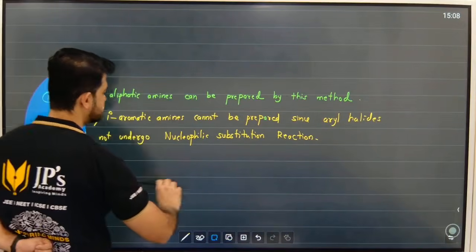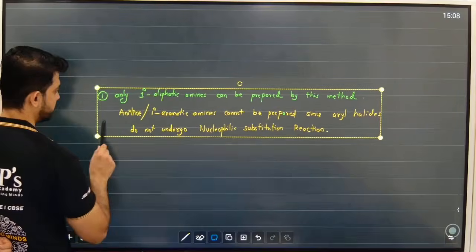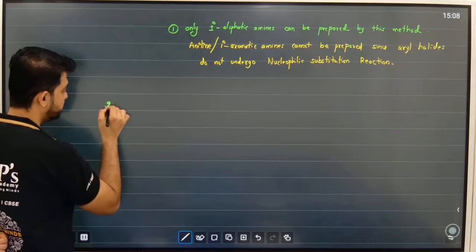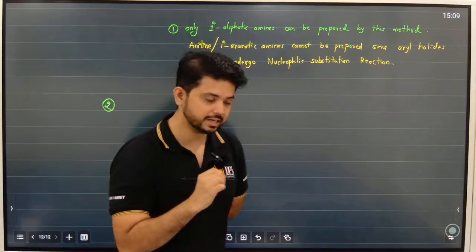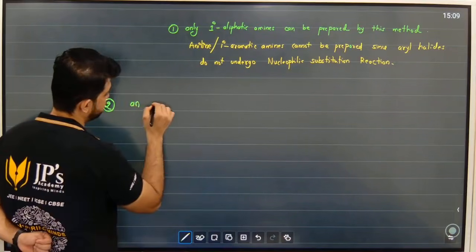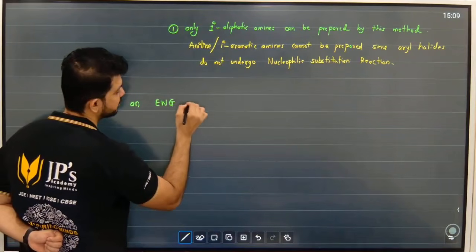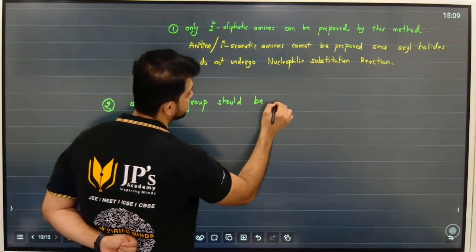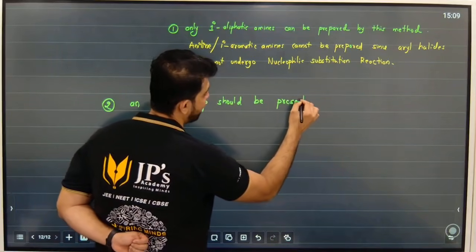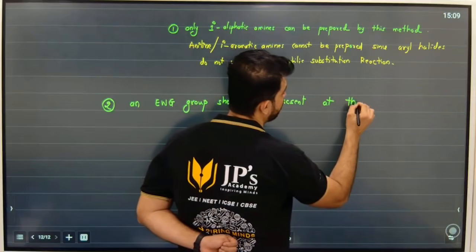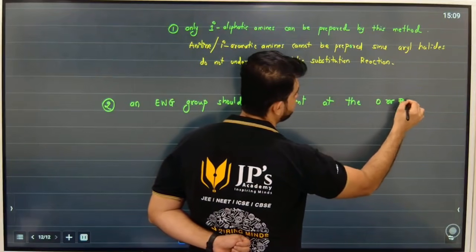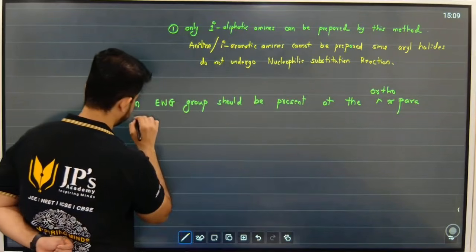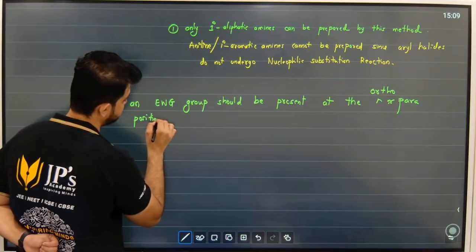And JEE Advanced students, you remember another point in this, that yes, if you want to prepare primary aromatic amines by this method, then an electron withdrawing group should be present at the ortho or para positions of the aryl halide.